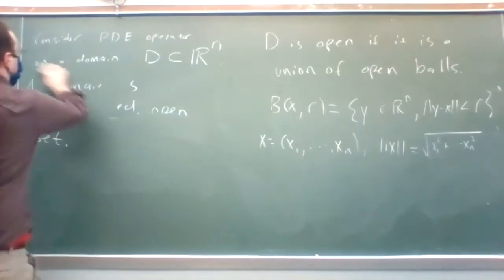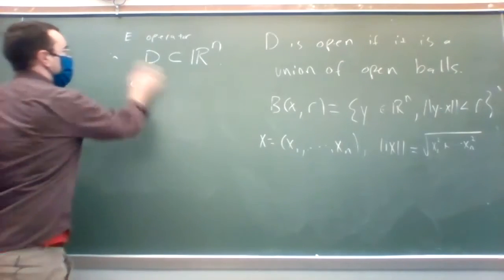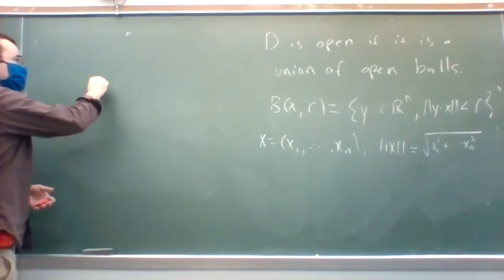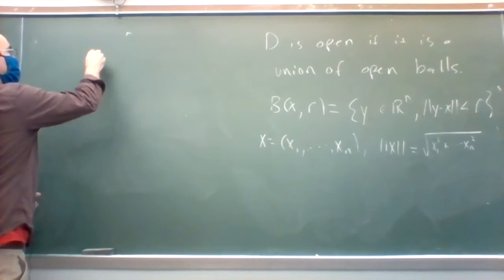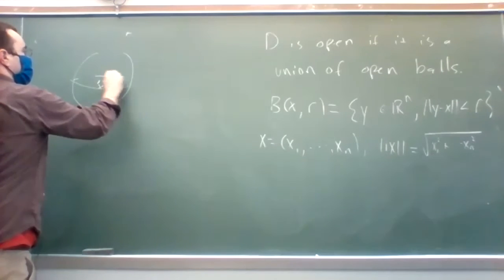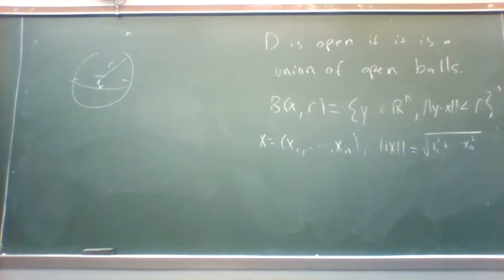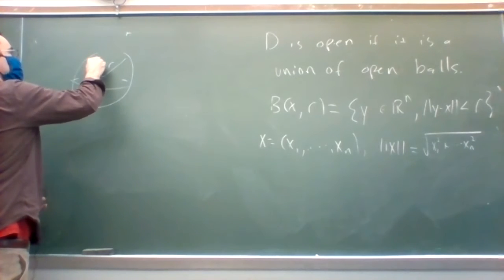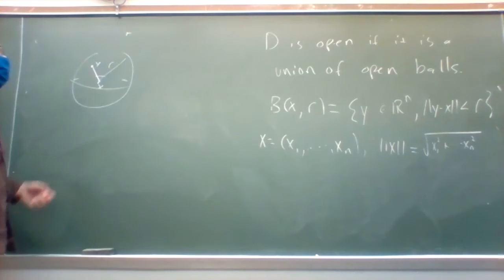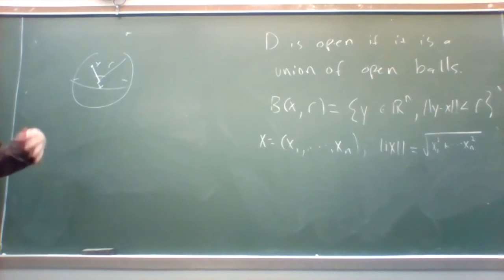All that is saying is that if you pick some point X and you pick some radius R, then you're just looking at the set of all points Y such that their distance is less than that radius. Strictly less than. And that's called an open ball. And take an arbitrary union of them, finite or infinite, doesn't matter. And that's what's called an open set.